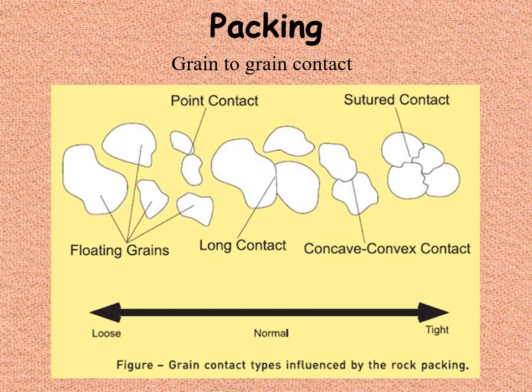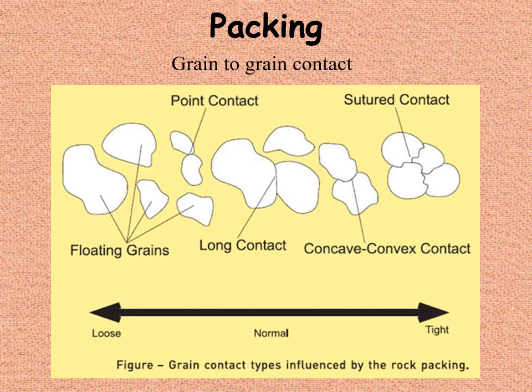Now this packing is modified after the deposition with increasing overburden pressure. Suppose when the grains are deposited, grains are isolated with respect to one another. That means the grains are floating. Each sedimentary clastic particle is not in contact with the others at all.